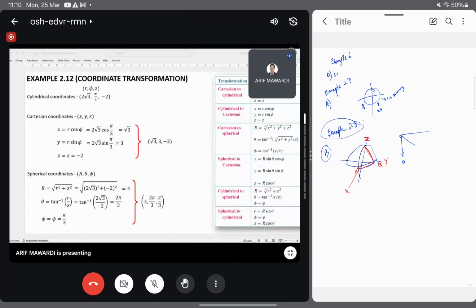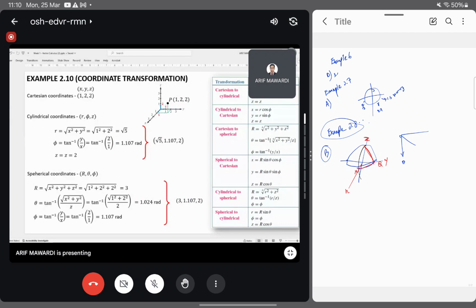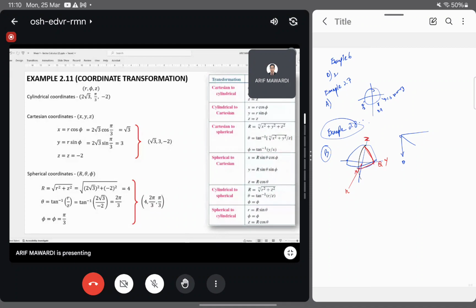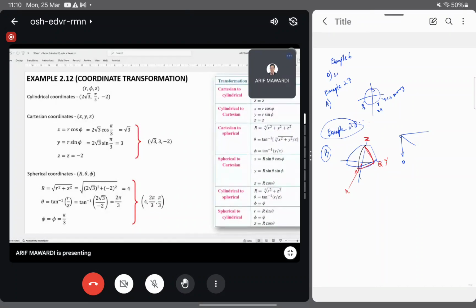The first coordinate variable is x. Oh, this is the same as before, okay. So we can skip this one.